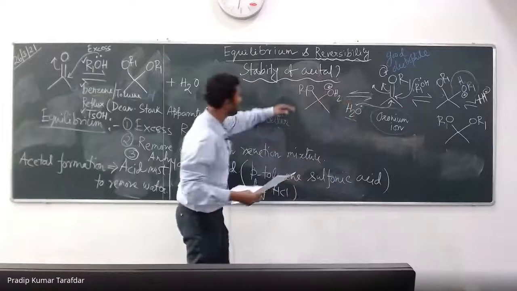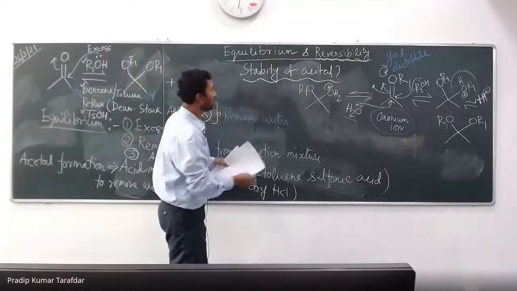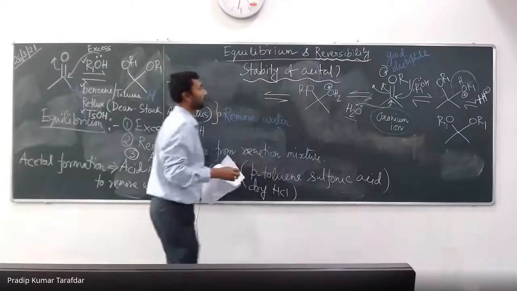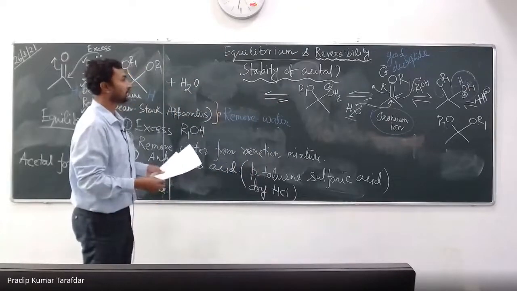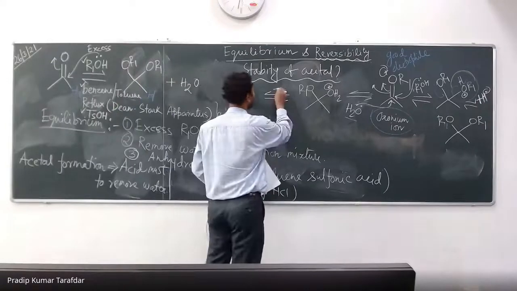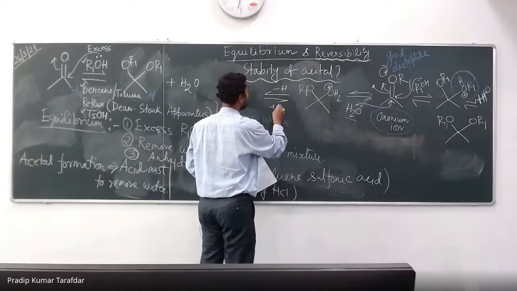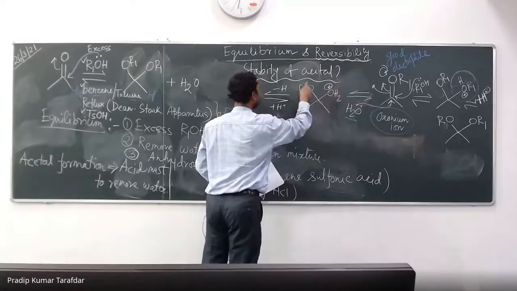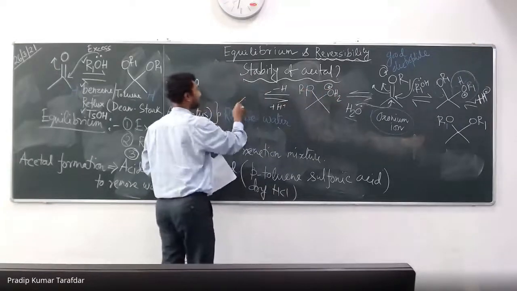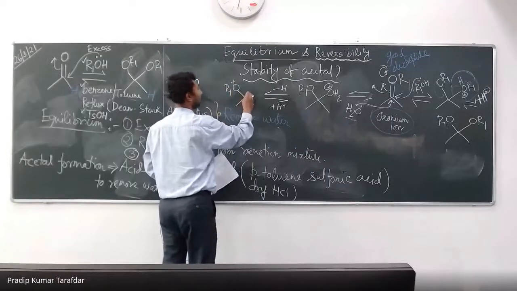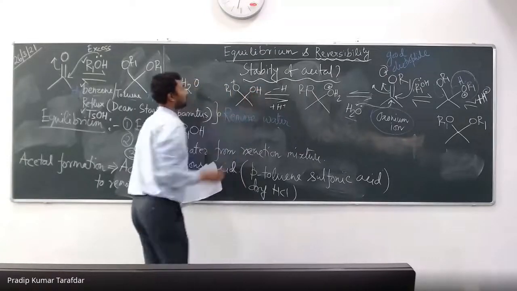Now can I predict this one? Like that, it can go again in the back reaction. Again this will be minus H plus, plus H plus, so that this will be removed, this will be plus, OR1 plus OH.